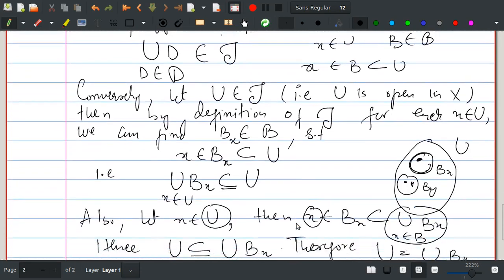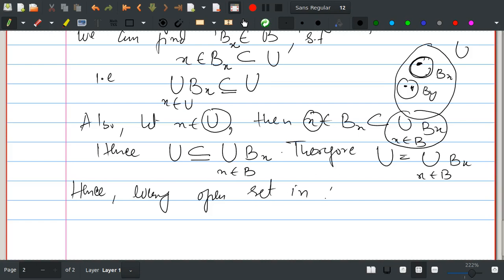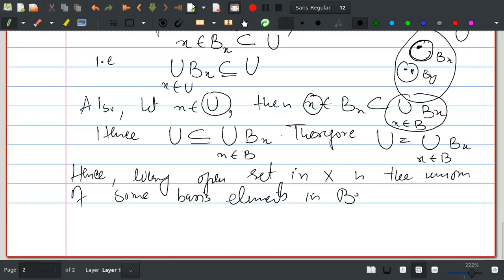So this proves, hence, every open set in X is the union of some basis elements in B. So one should remember this lemma.